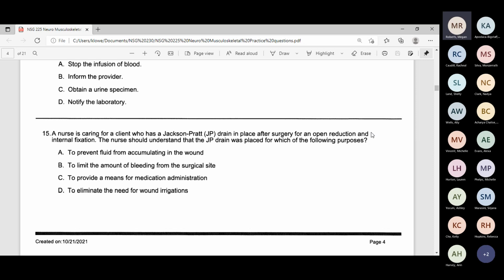A, to drain fluids. Yes, to prevent fluid from accumulating in the wound. Yes, so it could cause pressure. It could also build up bacteria. So we put that in the joint space anytime a patient has a joint replacement, to provide a light, consistent suction to pull that fluid out of the joint.